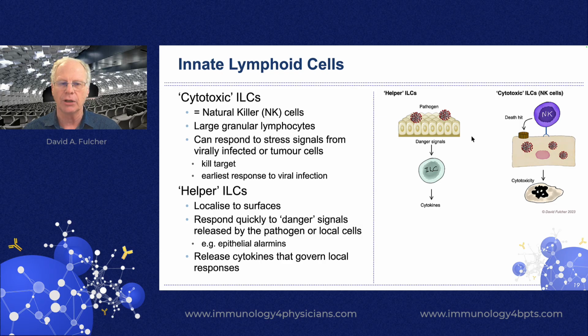A large number of possible signal molecules can trigger them, and basically they release cytokines, which then can govern local and distal immune responses. So more about ILCs later, but they are an integral part of also guiding the adaptive immune response following danger signals that come from pathogen encounter.